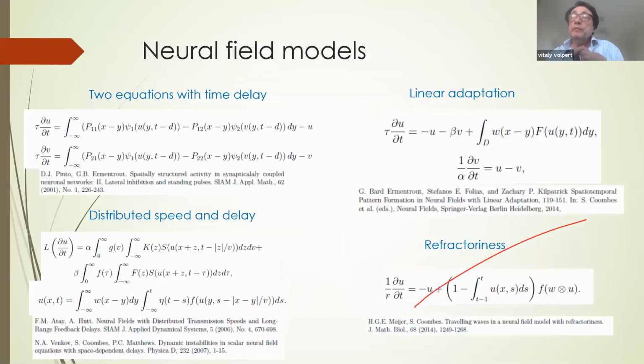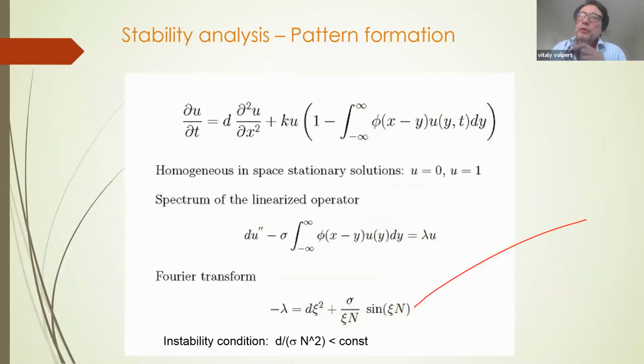And then, of course, if we discuss modeling, there are different modeling approaches, and one of them is what is called neural field models. In fact, these are integral differential equations, and there are many different models. But what I want to show here, and also to use this occasion, is another mathematical approach to study these problems.